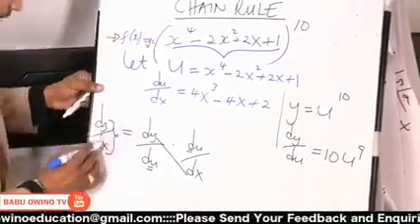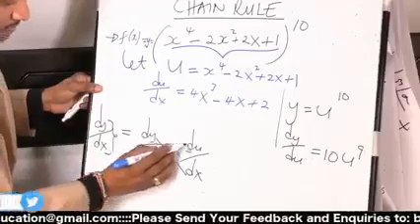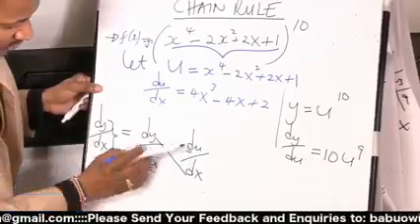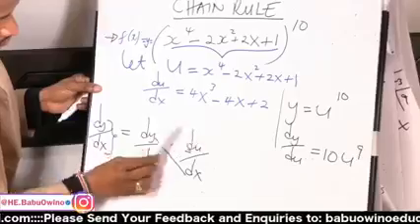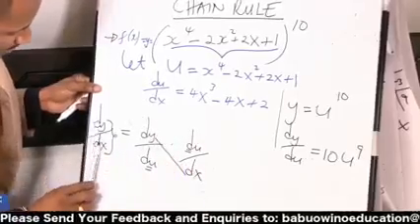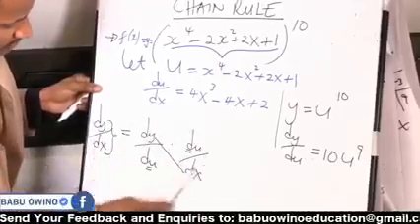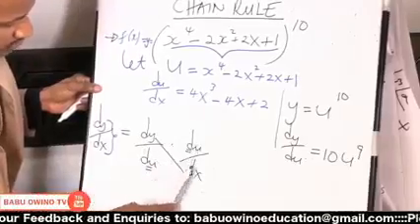Class again, dy dx equals to dy du times du dx. So you can easily cancel du and du. You remain with dy dx. So writing dy dx in this form is just the same as writing dy du times du dx.